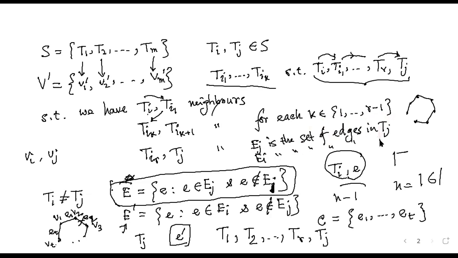So basically what we are doing is taking one edge from Tj which is not in Ti, adding it to Ti, removing one edge in Ti which is not in Tj, and we keep repeating this step every time, so that we keep including edges of Tj and removing edges of Ti. Eventually we end up with Tj. Is that clearer?